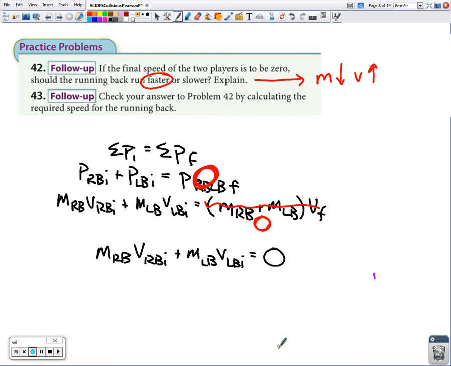Then you can plug in the masses from the previous problem. The initial linebacker velocity is going to remain the same, and then you can just solve for the initial running back velocity. Do that real quick. Let's get a number here.